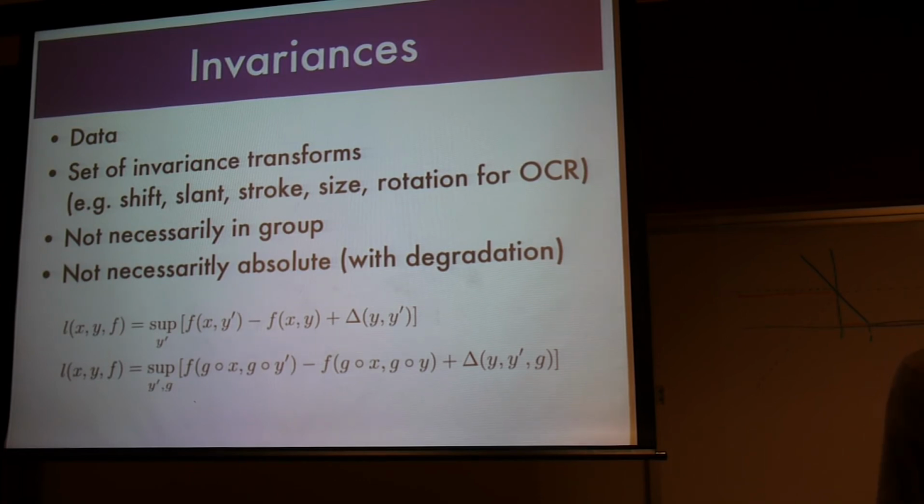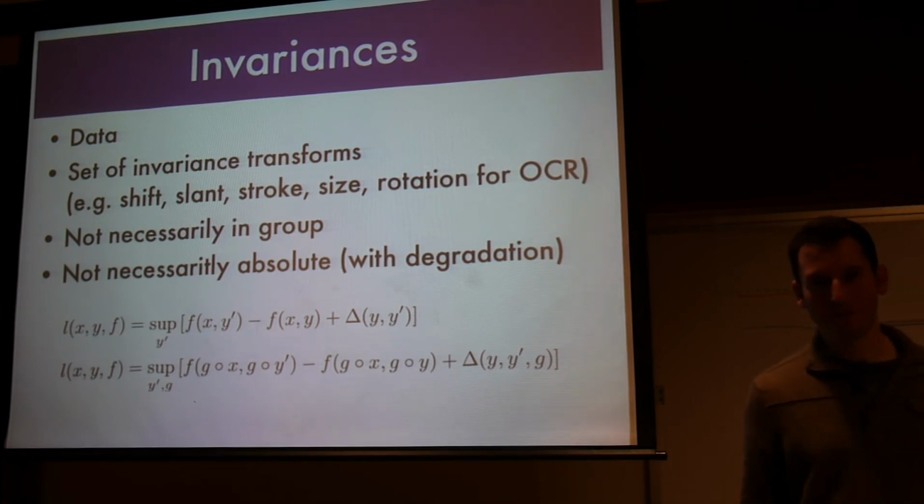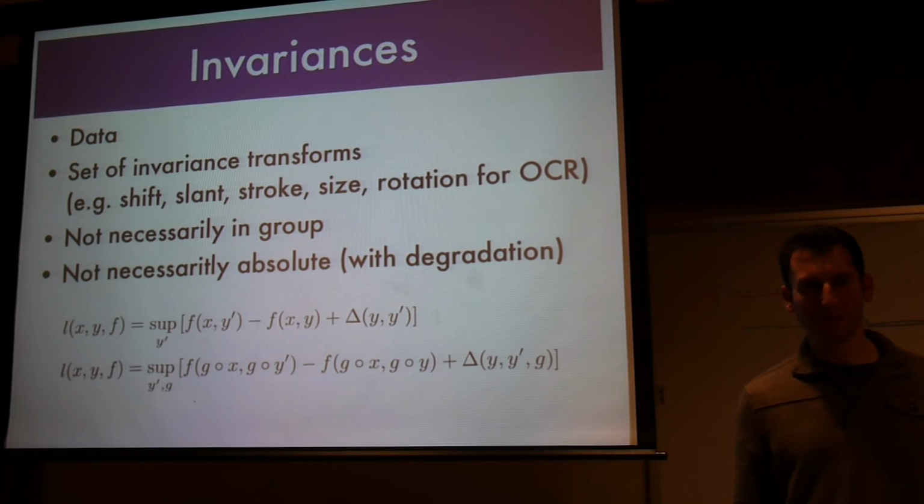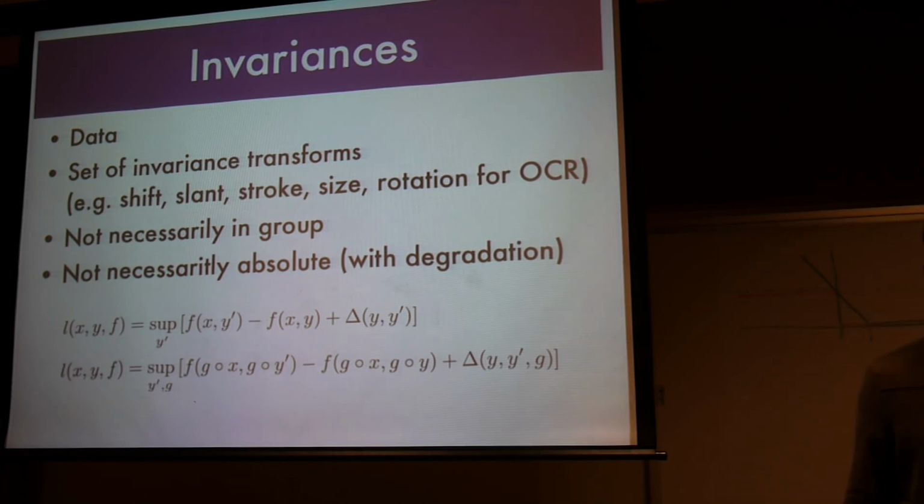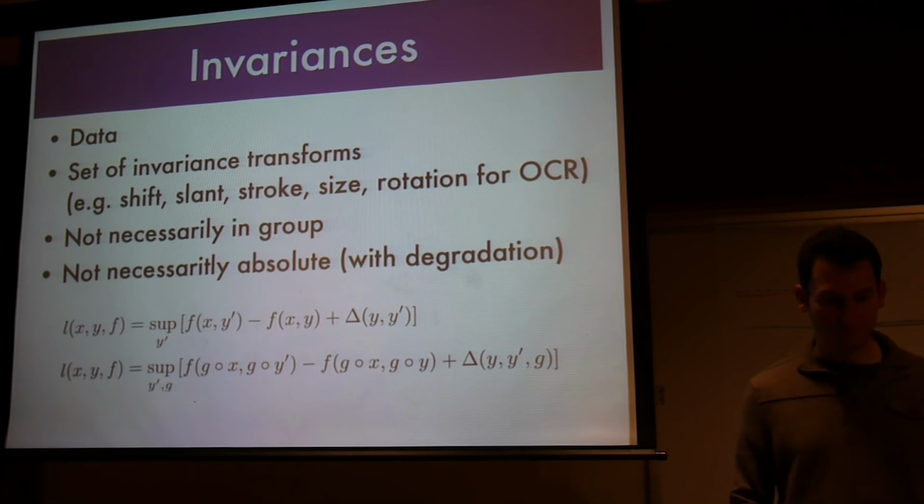So for instance, if I have an OCR'd image, then I know that certain brightness transformations essentially should leave the image the same. Yes, it's going to be a little bit harder to recognize things, but the digits are going to be the same. Except that at some point, once I reduce the contrast so much, I won't be able to recognize anything anymore. Or I add too much noise, or slant, or deslant, or do all sorts of other transformations.